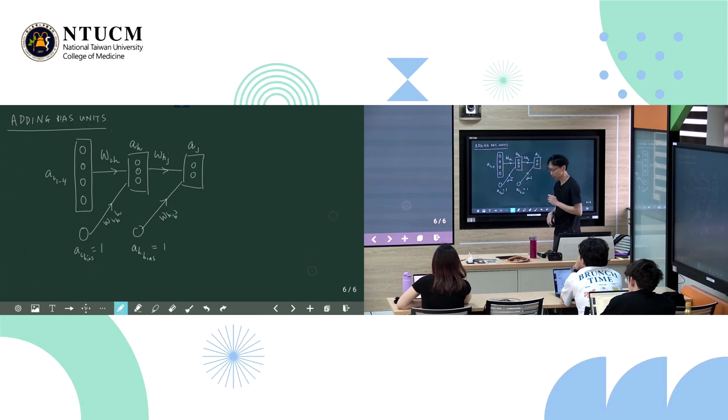So the bias unit is always set to an activation state of 1, always 1. It has its weights that will be part of the feed forward. So it's always feed forward.